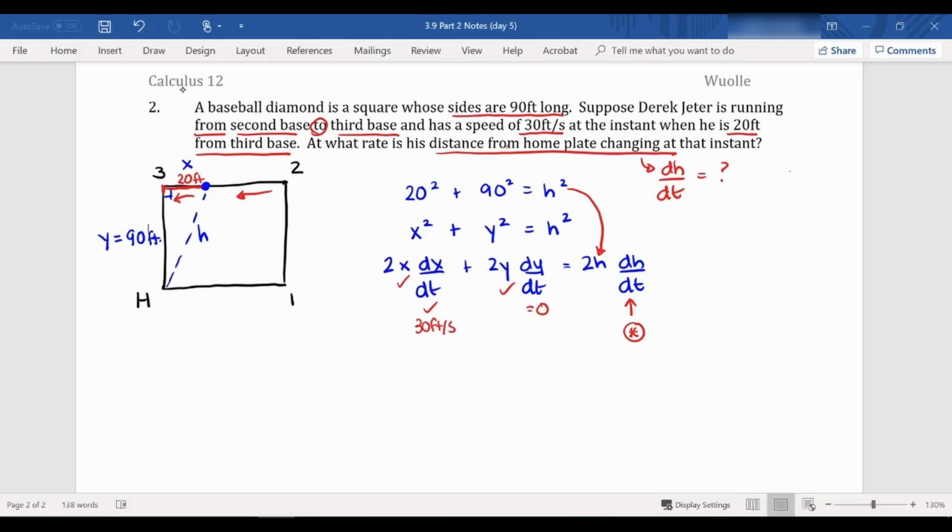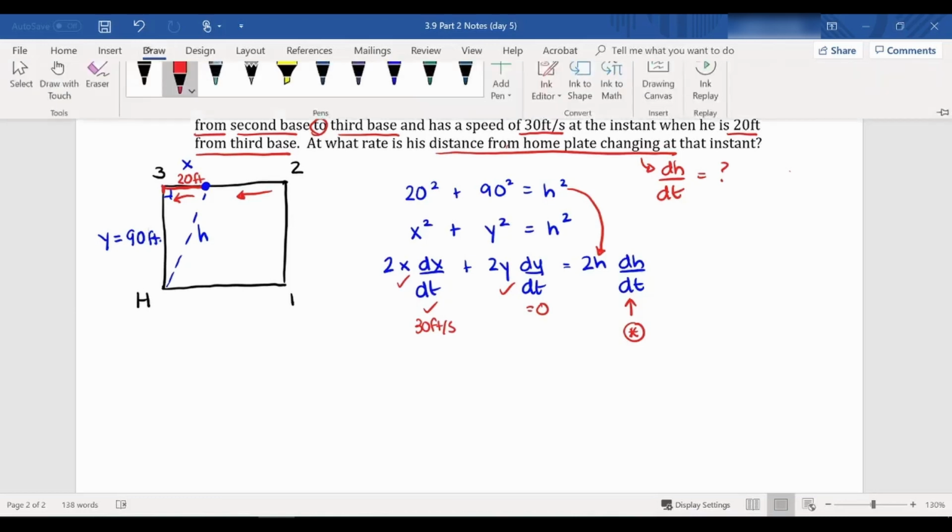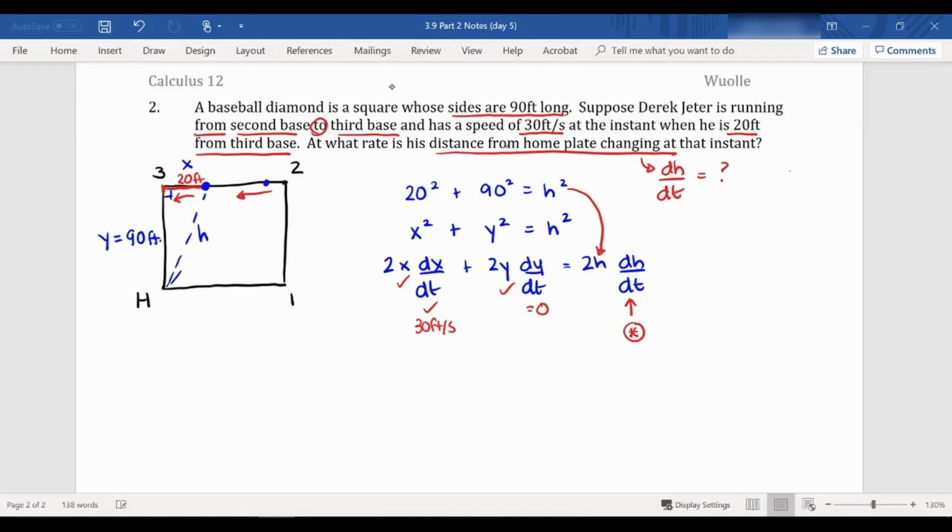The rate of change of the distance between those two is 0 because the distance between third and home is not changing. Okay? The distance between me and third, or Derek Jeter and third, is changing. I'm running towards third, and the distance between me and home, or Derek Jeter and home, is changing as I run along that line from second to third. So if I'm standing over here, you can see that my distance from home plate is different. Okay, so where I am in my run matters.